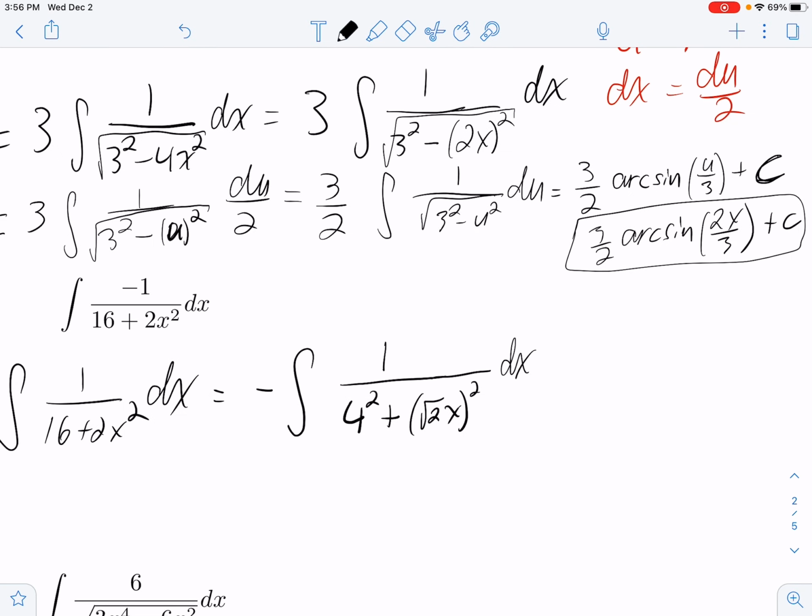Right, so now I have a is 4, and I need to do another u substitution. u equals the square root of 2 x, so dx equals du over the square root of 2.